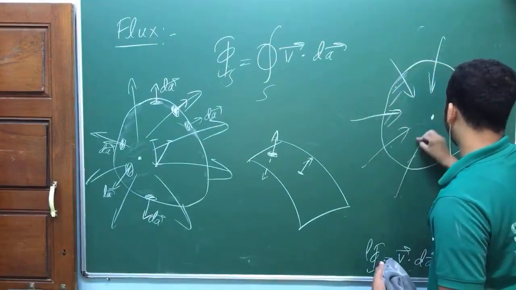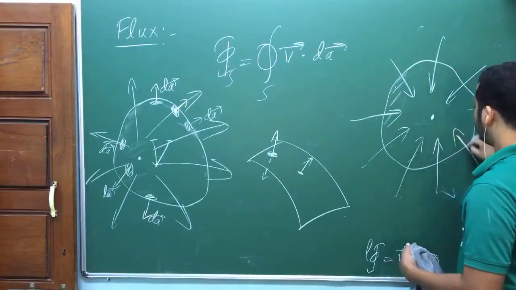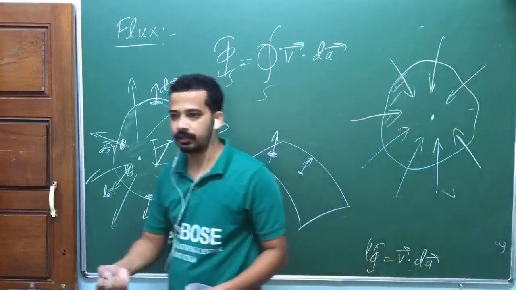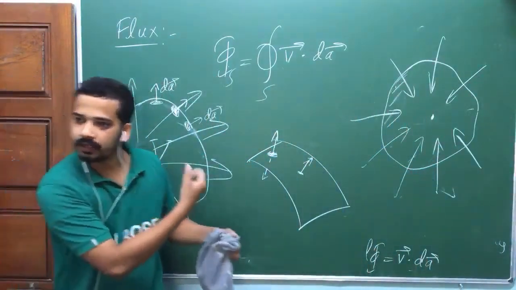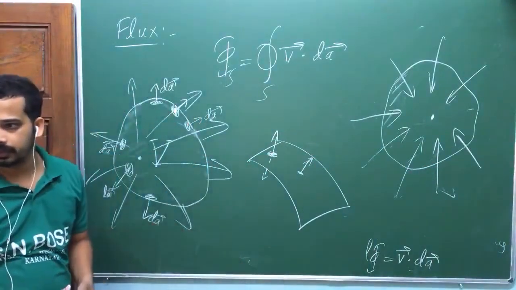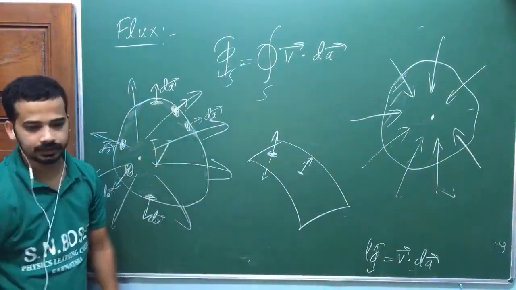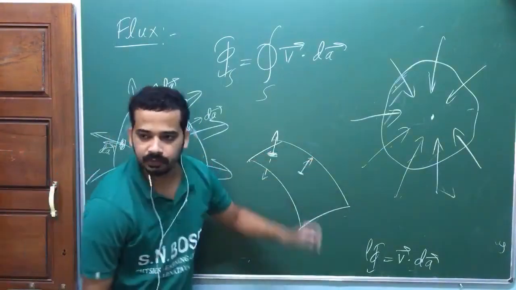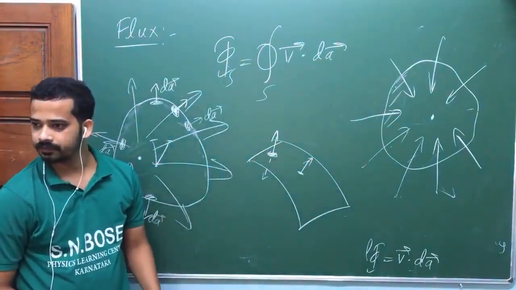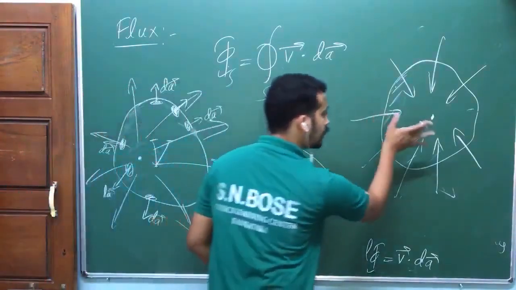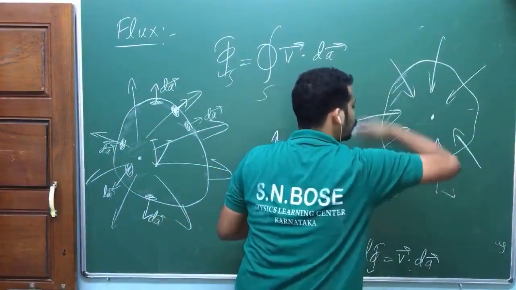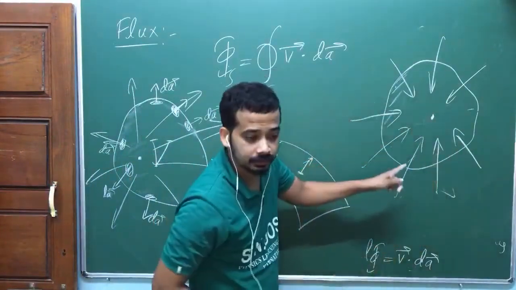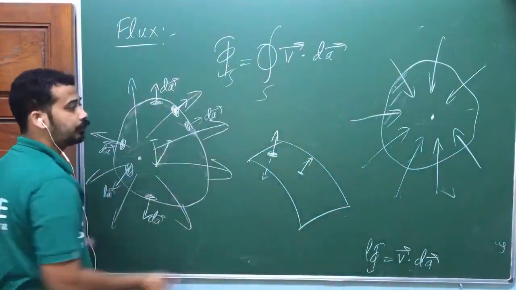Suppose inside a pond you have one small sink where water is drawn and goes somewhere. In that case, water will go like this. We call this inward flux. Through the closed surface area, it is negative. We want to make outward flux positive.